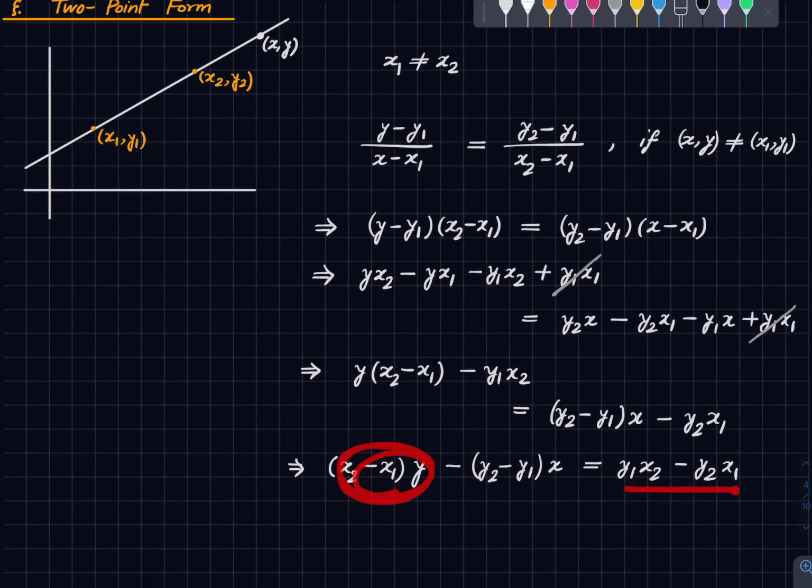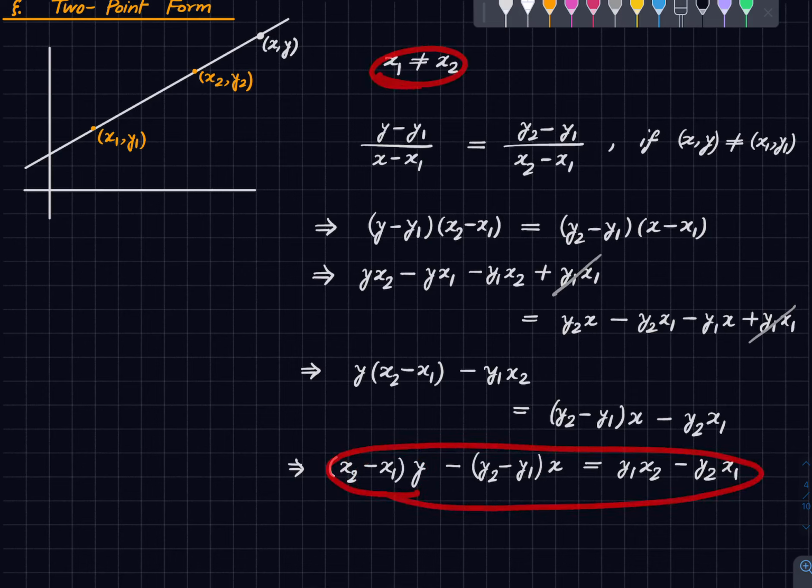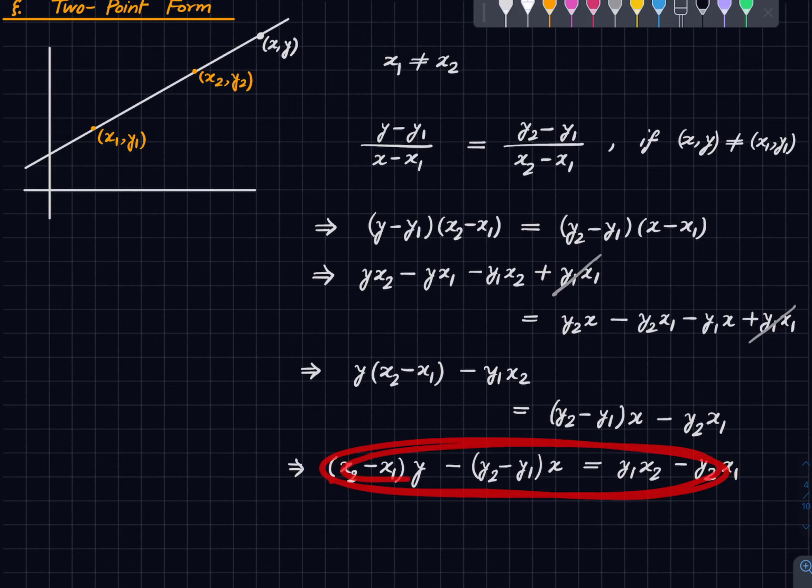And here you will take the common factor out and cancel, and still this works. So even though we came to this conclusion under this assumption, one can easily check that this conclusion holds regardless. So this is the equation of the line passing through these 2 points, as long as these 2 points are distinct.